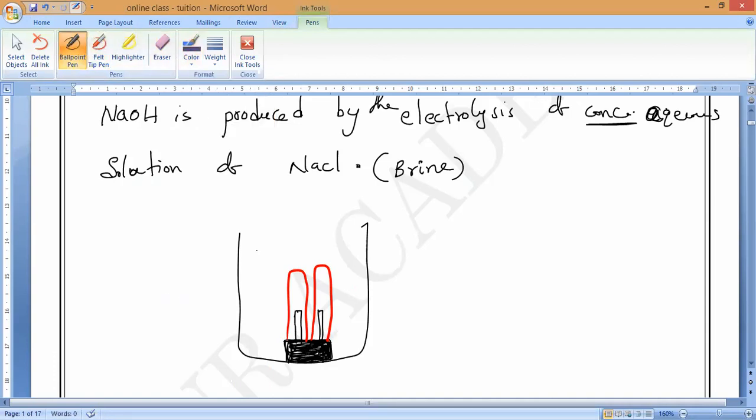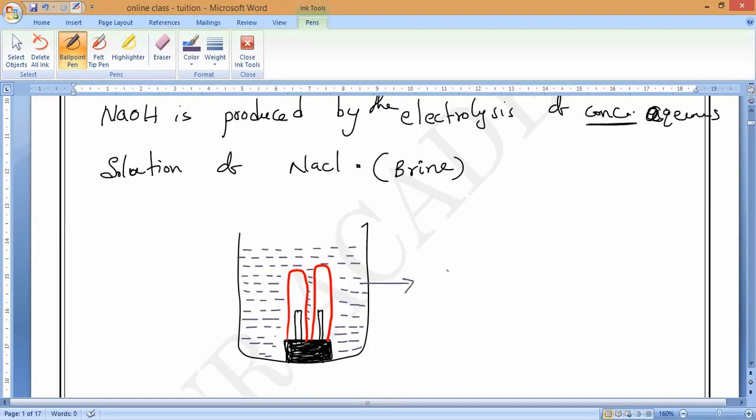Now, let us take the aqueous solution of concentrated sodium chloride mixed with water. What should we call this? Electrolyte.